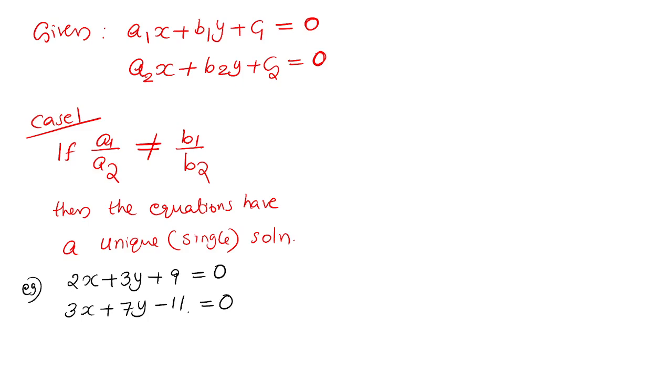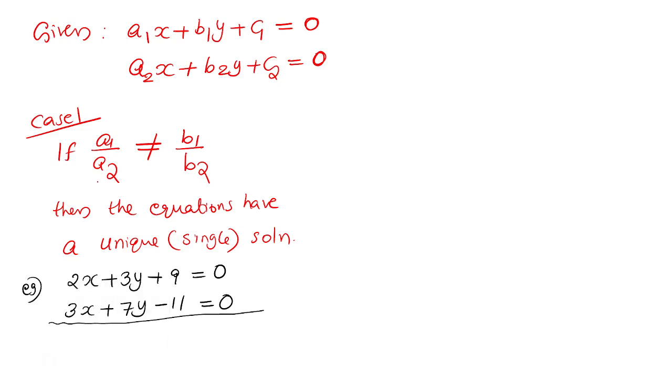The question will be like this: if we solve the two equations, how many values for x and y? You need not solve it. The nature of solution is our question. Nature of solution means how many values x has and how many values y has.